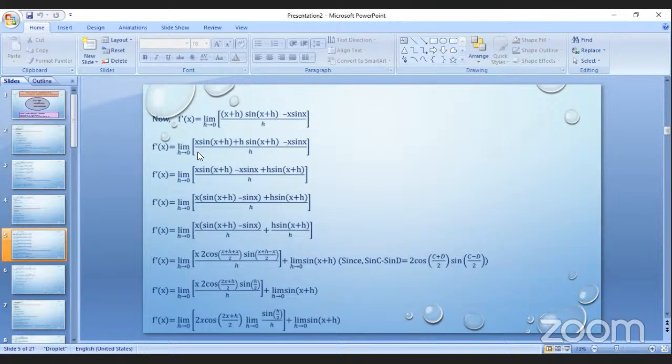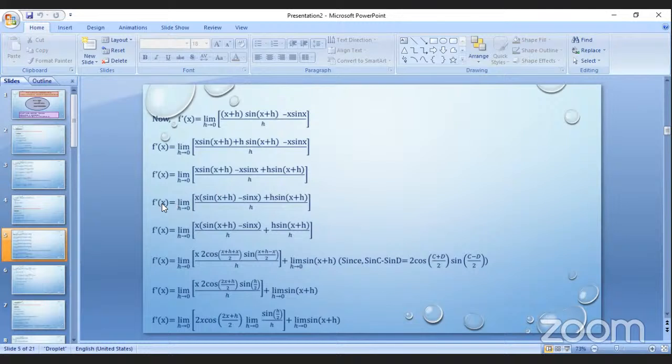Now take x terms together: x sin x plus h as it is, minus x sin x, plus h into sine x plus h, by h.